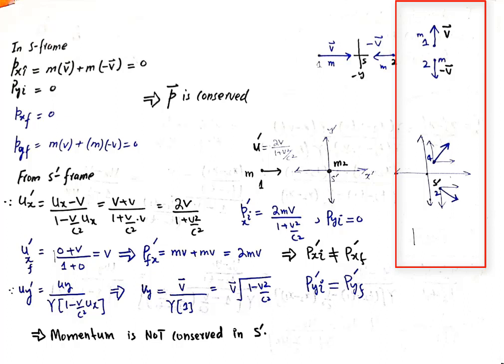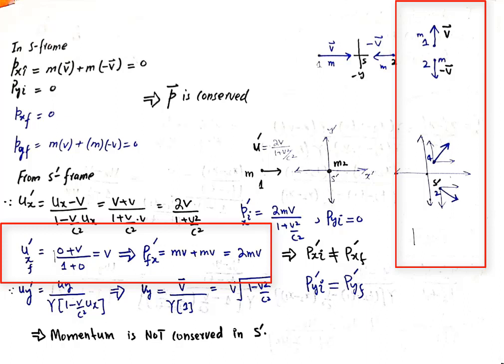I am using the same transformation equation, but after the collision there is no velocity along the x direction in the S frame, so u_x is 0. If I put u_x as 0, and since the frame is moving in the negative x direction, this gives me plus v.